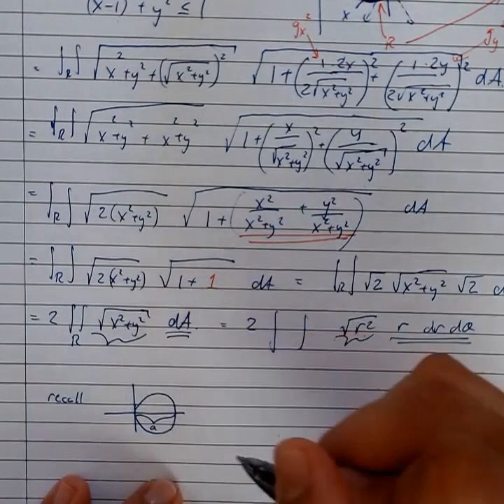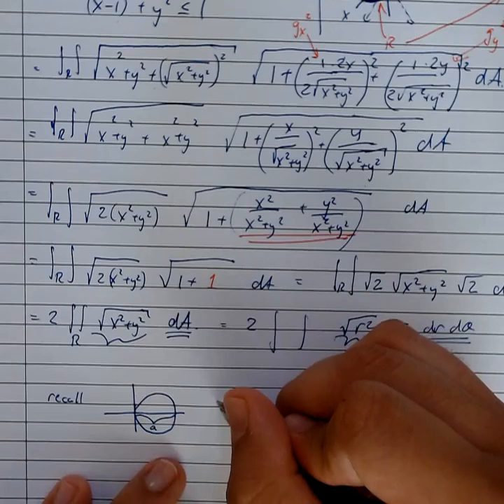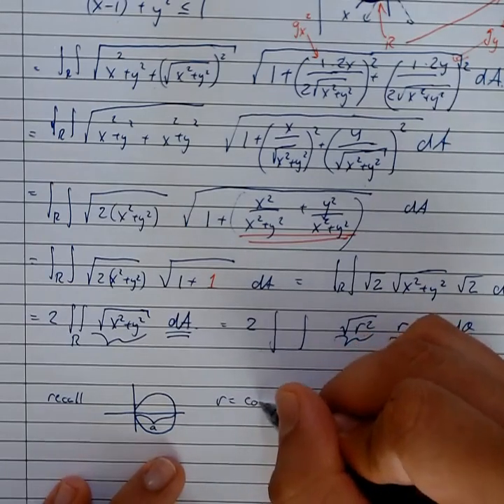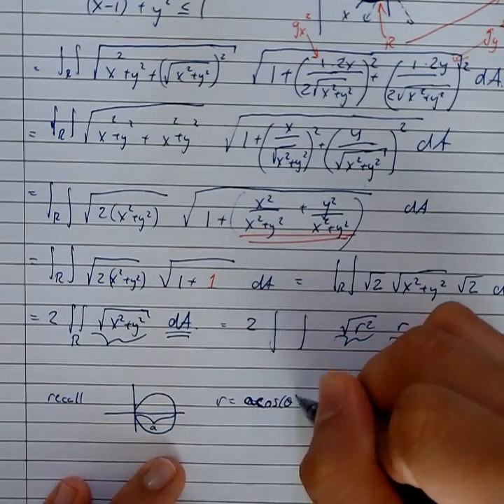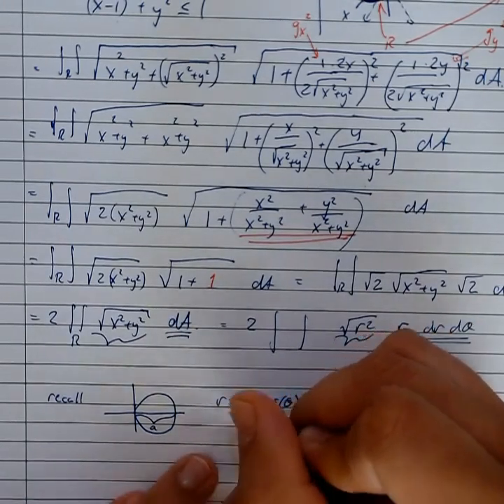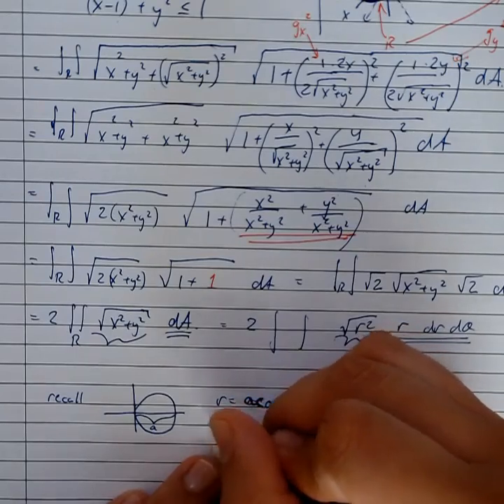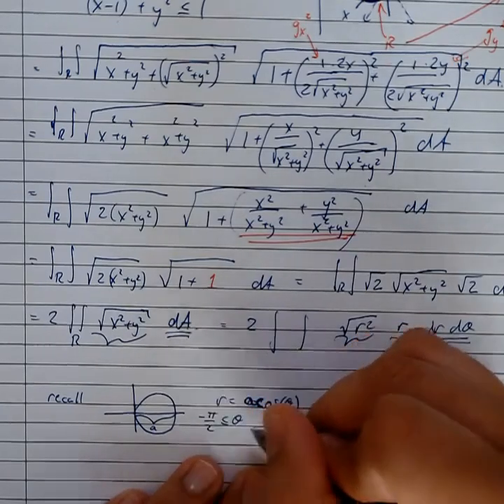Let's call that A. And this is given by r is equal to A times the cosine of the angle theta, where theta goes between negative pi over 2 and positive pi over 2.